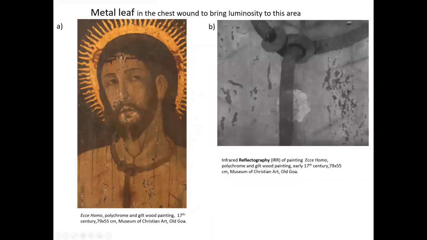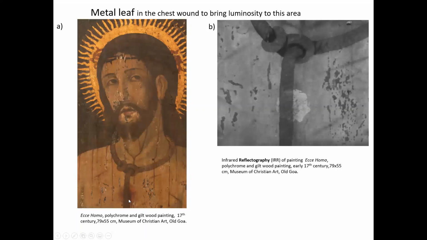Here, by this infrared reflectography, we can see that metal leaf was applied to bring luminosity to this center, an area that is one of the most important areas of the painting, which identifies Christ's wound in the scene. So the importance given to this area was highlighted by applying this metal leaf.